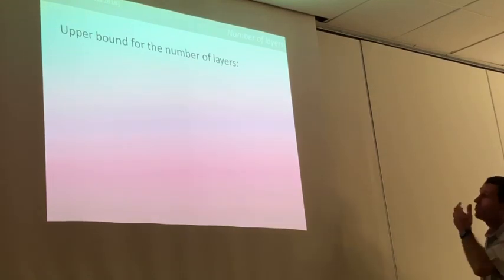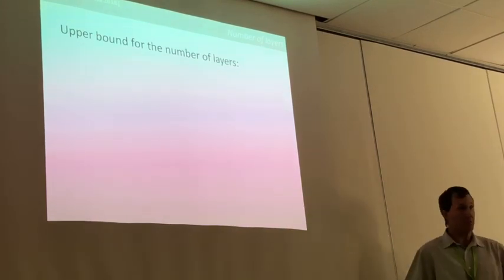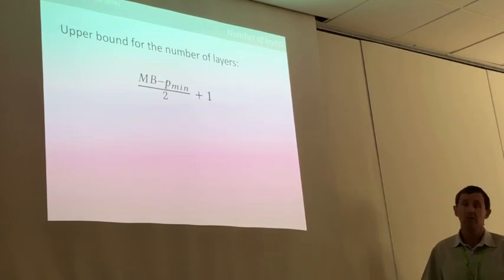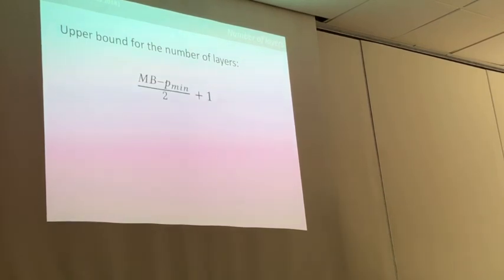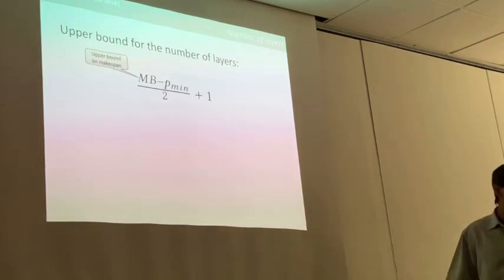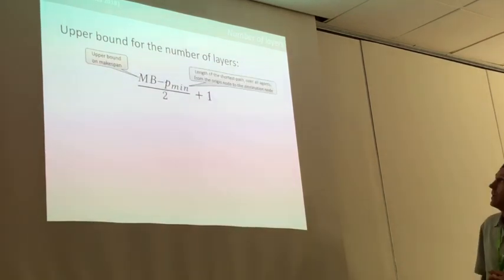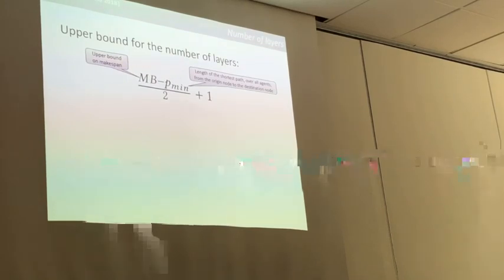Okay? Now the question is, how many layers do we need to introduce? There's a formula that is described in the paper. MB is the upper bound for the makespan, and Pmin is the length of the shortest path over all the agents. The explanation of this formula is that, if I have the shortest path, which means obviously without revisits, and if I have the makespan, how many times can I revisit a node?